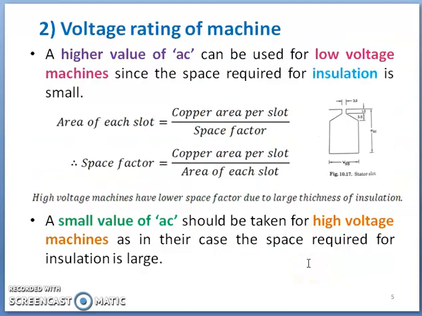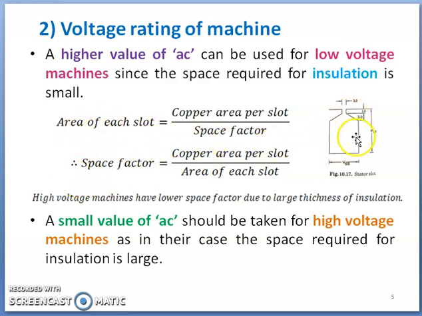Then coming to the voltage rating of the machine, a higher value of AC can be used for low voltage machines since the space required for insulation is small. Let us consider how the area of each slot and the copper area in each slot is decided based on space factor.